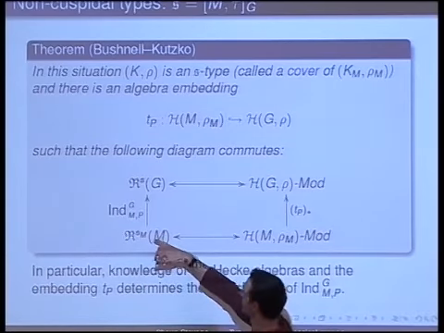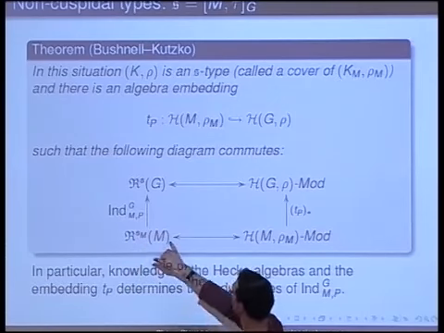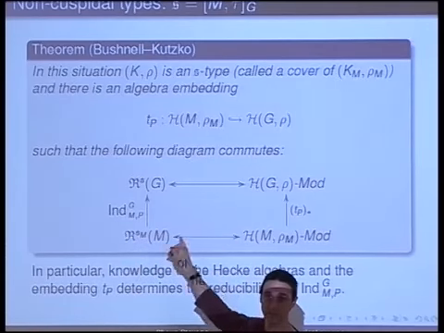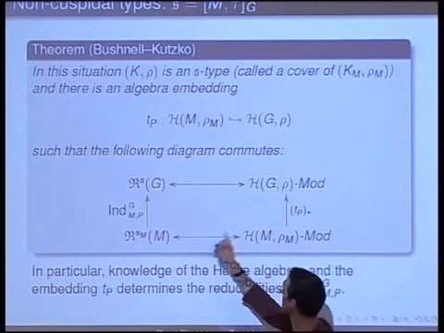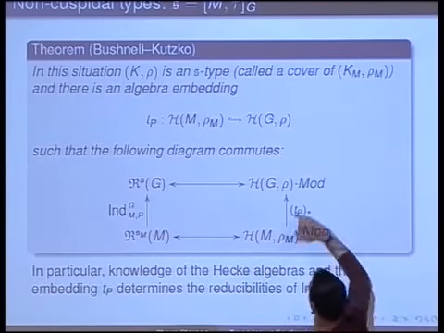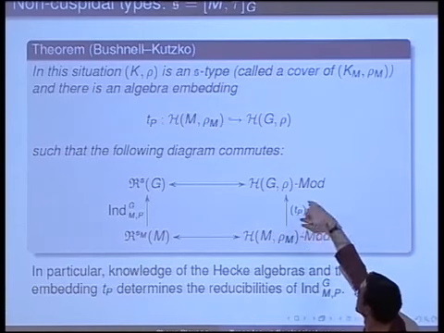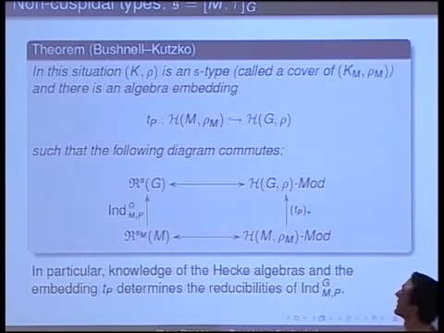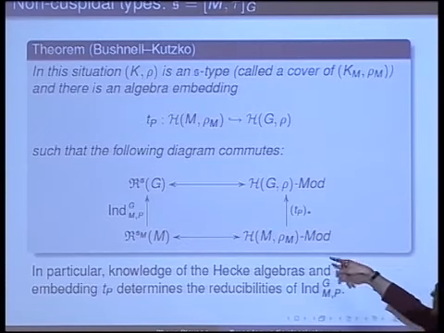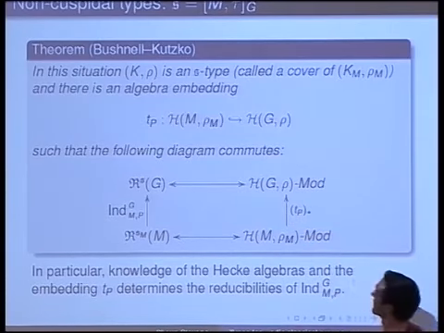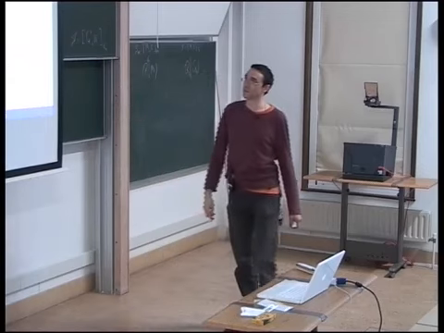So we have the induction here. We have these equivalences of categories when we have a type. So that's this one, and this here is induced by tensoring with H(G, rho) over here via this embedding.